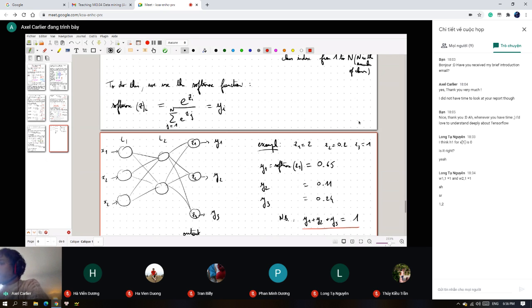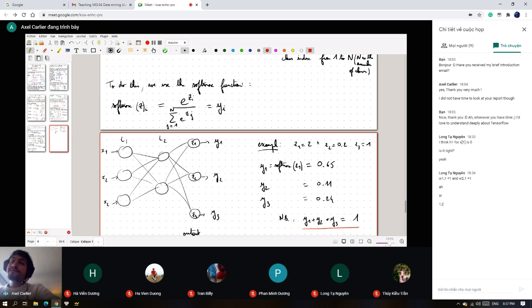The probability tells you that you have a large probability to get classified as the first class, a quite low probability of being classified as the third class, and a very low probability to be classified as the second class. This all comes from these original values, where 2 was predicted, then 1 here, and then 0.2 here.